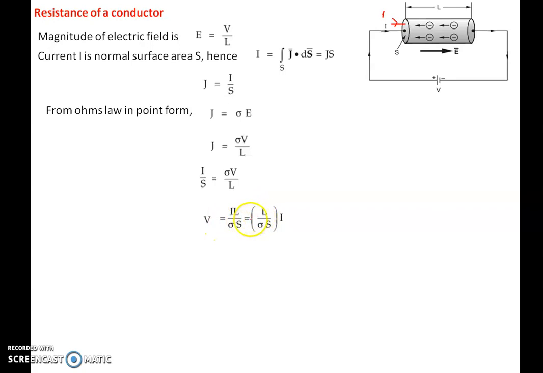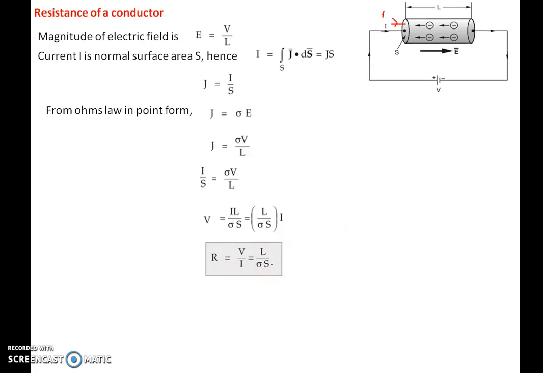If you equate this with Ohm's law in normal form, not point form, V is equal to I into R. So we can write R is equal to V by I, which is equal to L by sigma S. This R is called the resistance of a material.